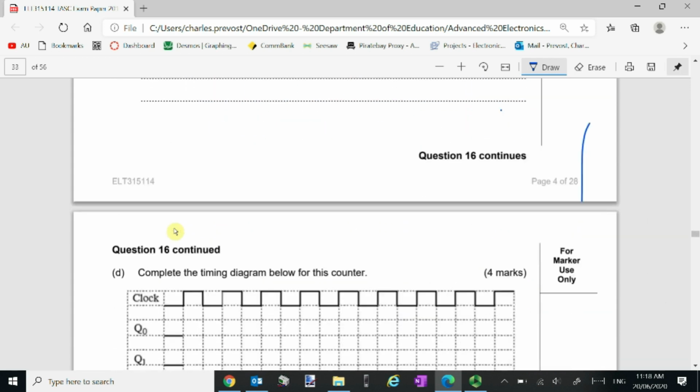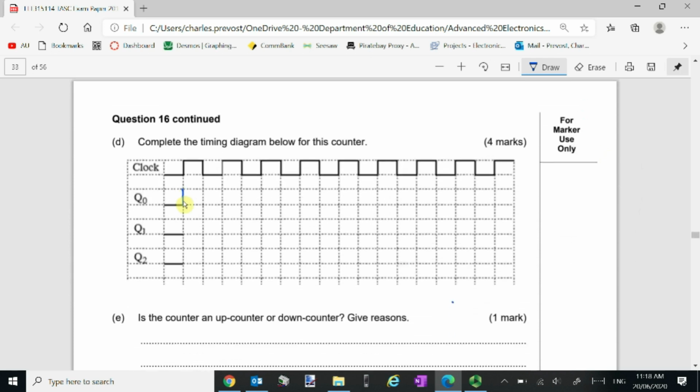So this one's going to change, but these others are not. That's not a positive going edge, so that's going to stay. Then this is going to toggle, and this is going to stay. This is actually enough information for us to finish off the diagram.